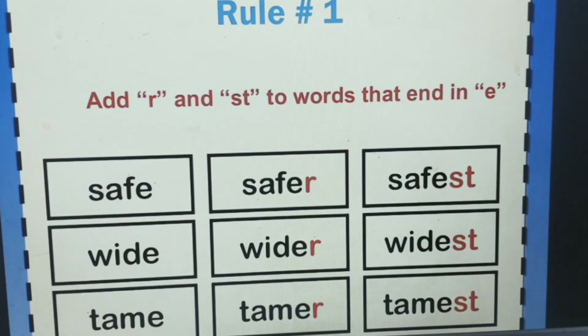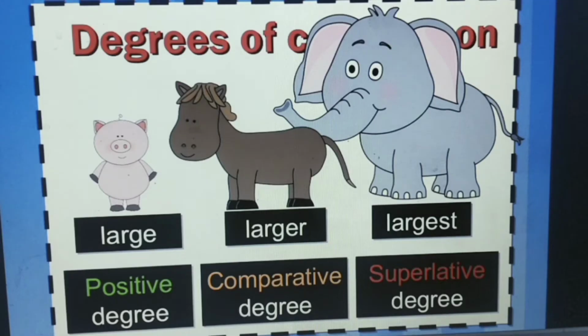So in comparative degree we add R and in superlative we add ST if the word ends in E. Large is positive degree, larger comparative degree, largest superlative degree.